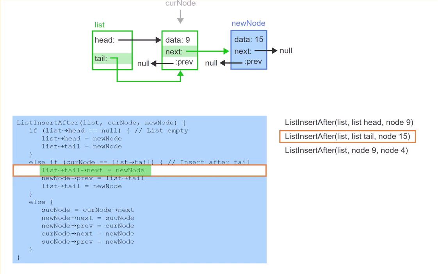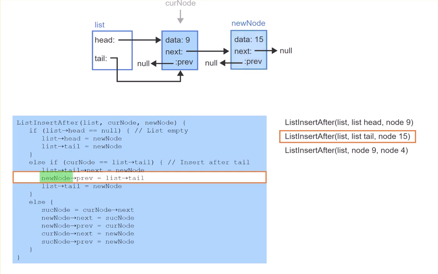The data value 9 node remains as the current node, and the tail is not assigned yet. Neither the next and previous pointers of the new node are assigned yet, which the previous pointer is going to be assigned in the next line.